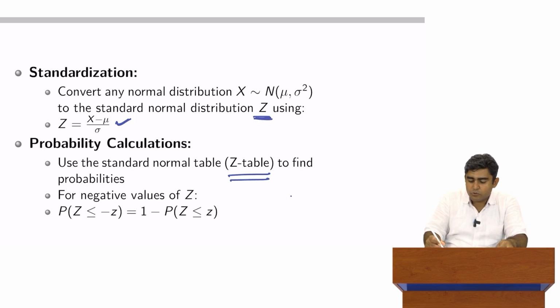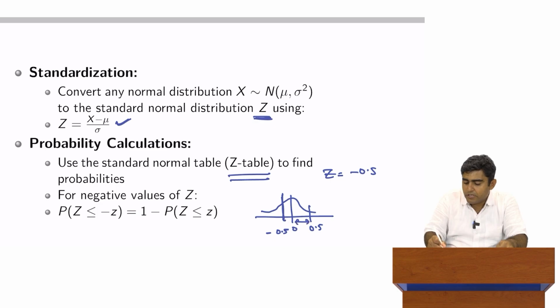And also negative values of z, for example, your z score comes out to be minus 0.5. That essentially means if this is 0, the negative side would be on the left side, and by symmetry 0.5 would be at the same distance on the right side of 0 as minus 0.5 would be on the left side. So if we know the probability of z less than or equal to some positive value of 0.5, it will be indicated by the green hatched region that I have just drawn.